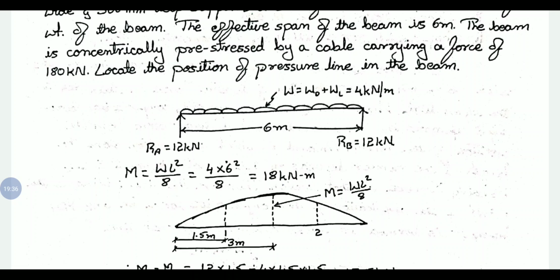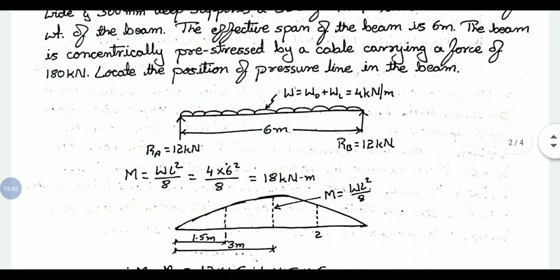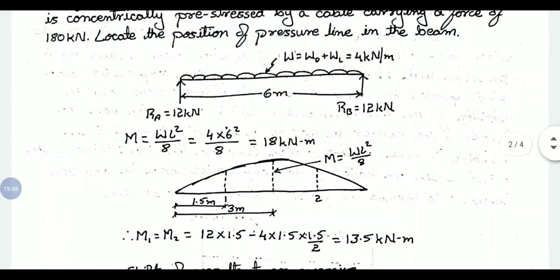Based on that we can draw the curve. At midspan we have WL square by 8, so at midspan the moment we can easily calculate for UDL. At different sections, we have considered quarter span on either side. The span is 6 meter, so quarter span means 1.5 meter from either support.